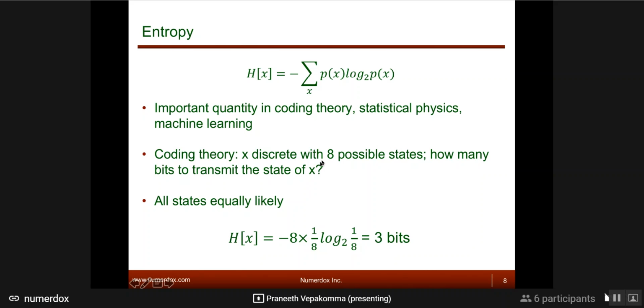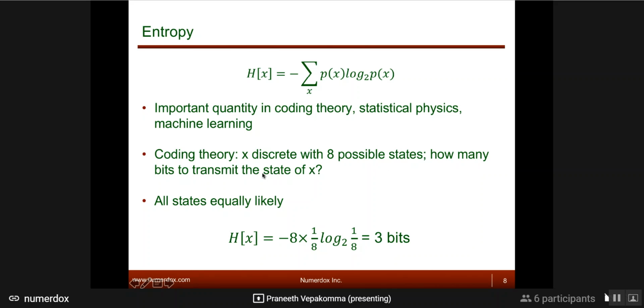Say it is always giving you a head. Although it can take 2 possible states, you don't have to transmit both head and tail. To explain the state of X, since it is highly unfair and always gives you heads, all you need to transmit is only one bit.